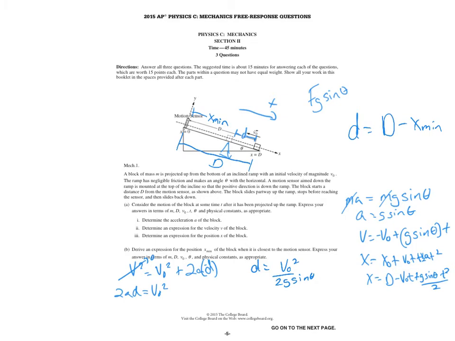If I do d minus x min equals v naught squared over 2g sine theta, and then I bring the d over and divide by the negative sign, I end up getting x min is equal to d minus v naught squared over 2g sine theta. Okay.